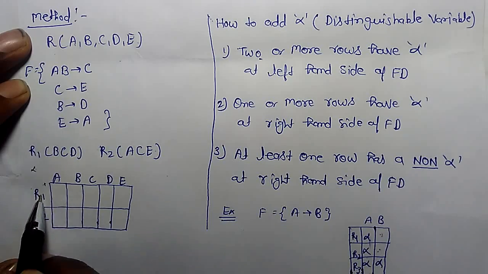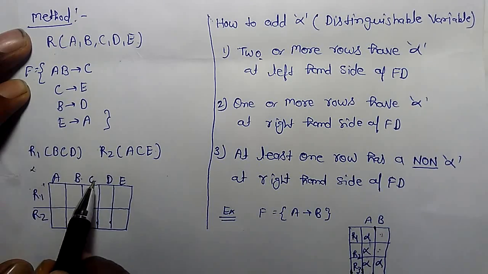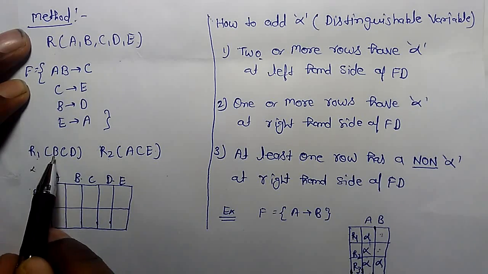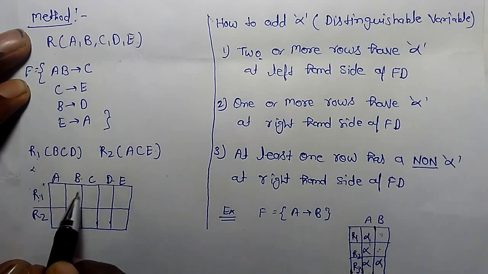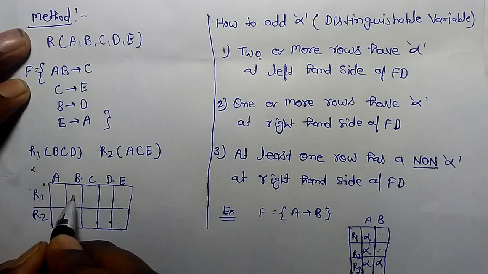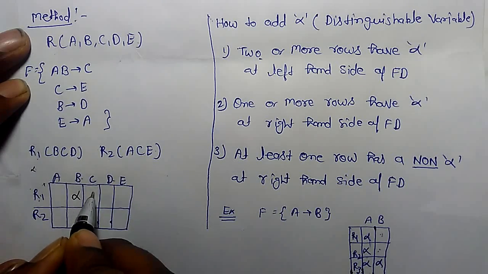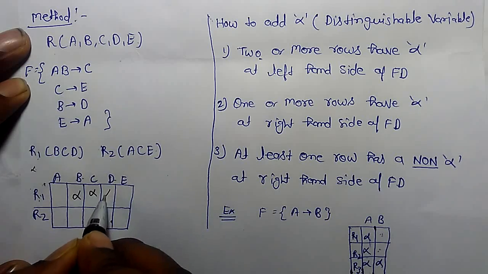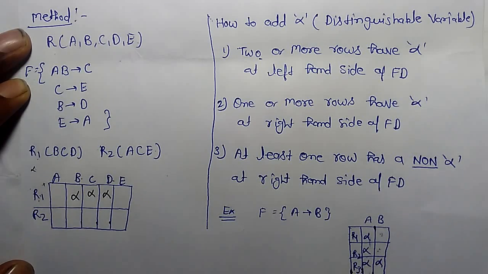There are two subschema R1 and R2 and 5 attributes, so we have created a table according to the 5 attributes. R1 has attributes B, C, D, so we have filled alpha for R1 on B, C, and D. R2 has A, C, E.